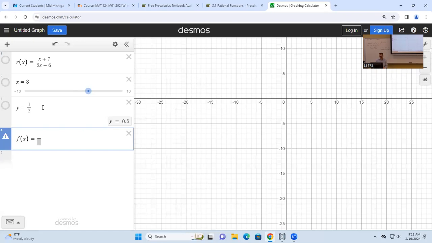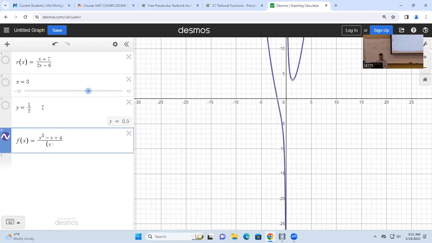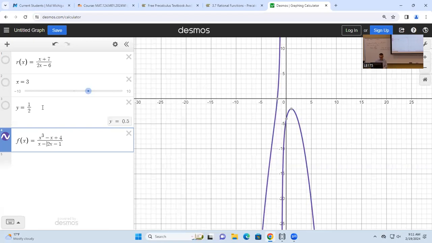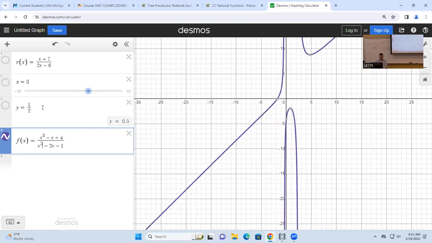There's lots of different options here. So let's take, for instance, x cubed minus x plus 4 and divide it by x squared minus 2x minus 1.